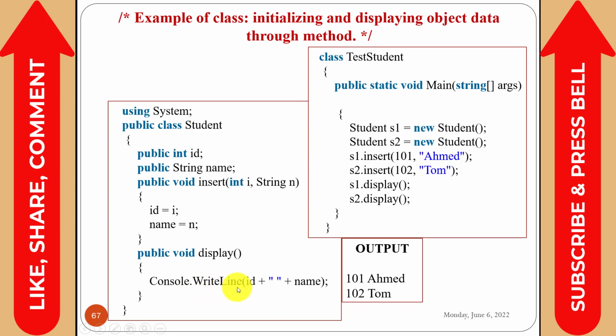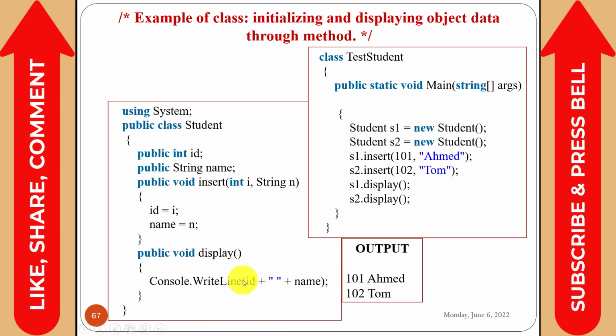So here WriteLine is a method, Console is a class, System is a namespace. Inside the System namespace we have the Console class, and inside the Console class we have the WriteLine method definition. So the WriteLine method is used to display on the screen.